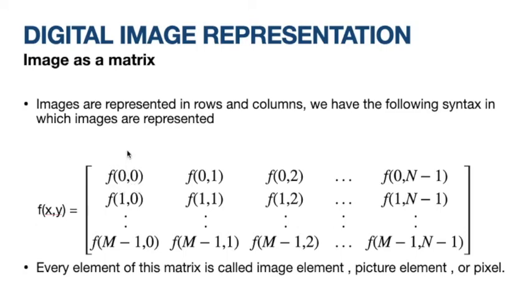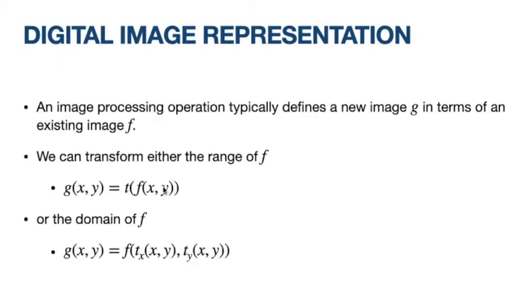So this 00 position is one pixel or one picture element. Similarly, each of these f01, f02, up to f m-1, n-1 are all pixels or picture elements, and these are the intensity values of the pixels at that particular position. Okay. So this is how you represent an image as a matrix.